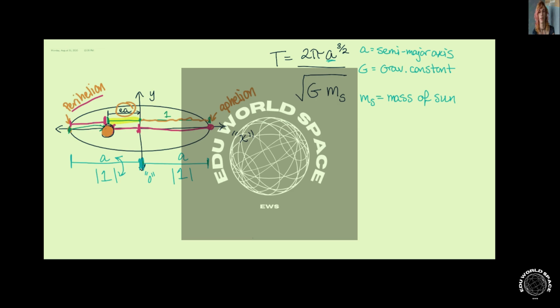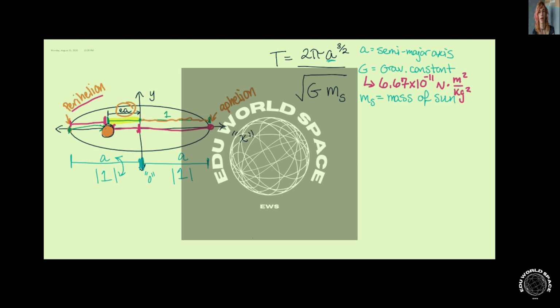But our constants right now: our gravitational constant, just as a heads up, is 6.67 times 10 to the negative 11th, in newtons per meter squared, kilograms squared.